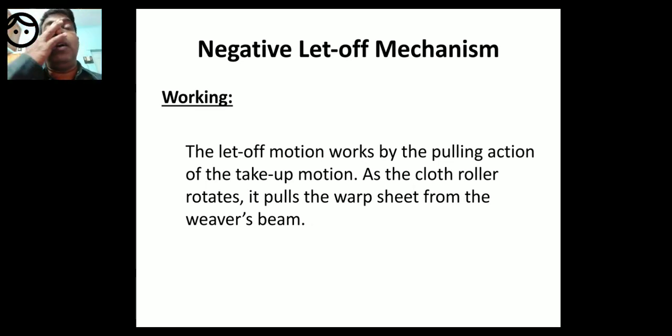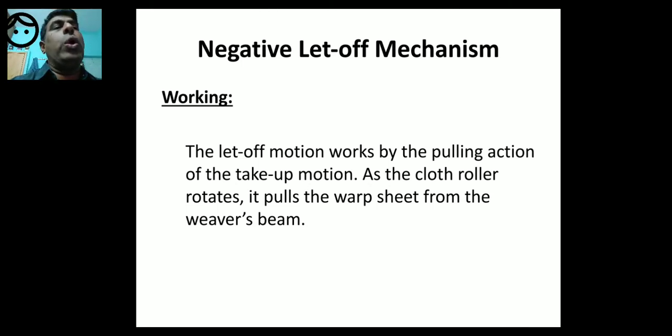It is because it is negative let off motion, it is driven negatively. The let off motion works by the pulling action of the take up motion. Take up motion pulls the cloth and warp, and thereby the let off motion works.